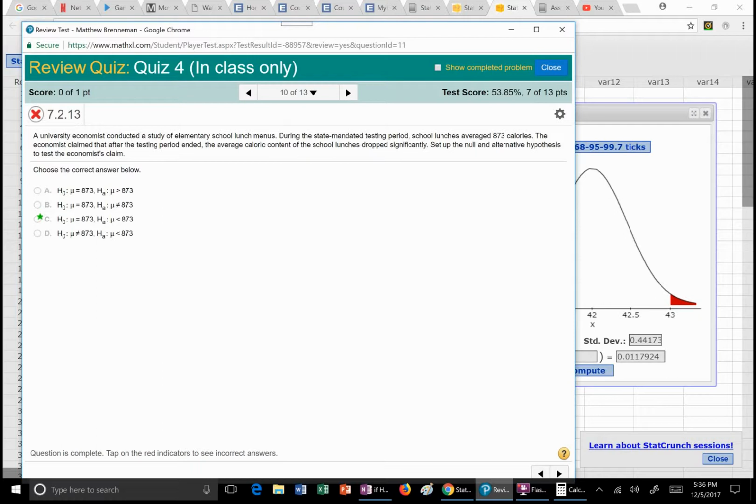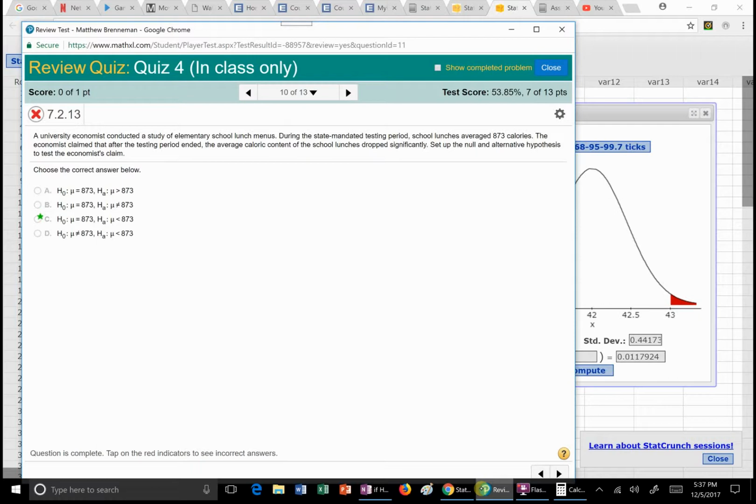Set up the null and alternative hypothesis. So remember, the alternative is what you're trying to prove. So before, the average was 873. He's trying to prove that it's less than. So we know that the alternative has to have a less than sign, okay?